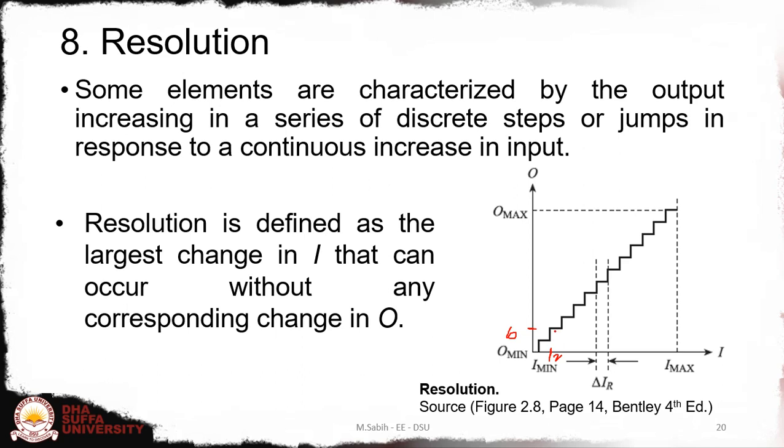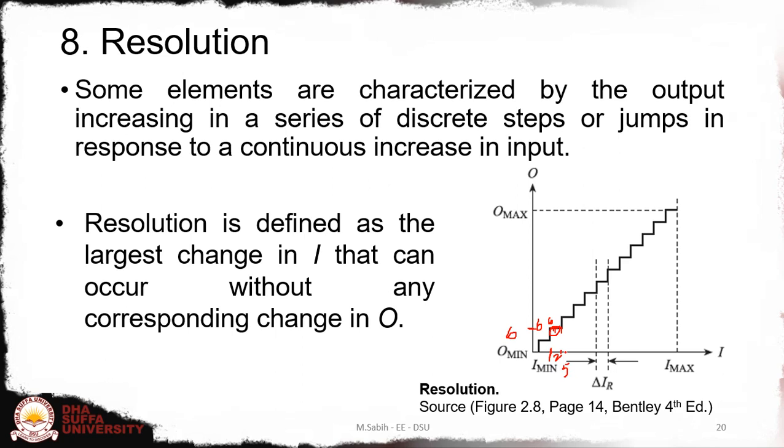Then the input moves to the next values, 3, 4, 5, and up to this value, let's say 5, your output has not changed. It's still 6. It was 6, and it was still 6. So there is a portion of input for which the output is not changing.